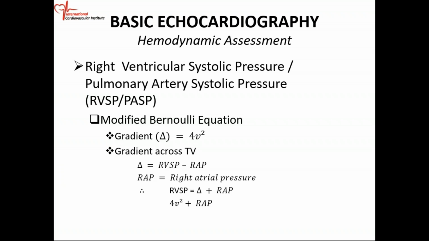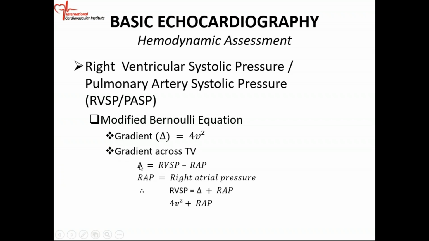And it is of tremendous importance clinically to know what the pulmonary artery systolic pressure is. That is why, for 99% of the patients coming to the echo lab, we need to give an RV systolic pressure. And in essence, what we're doing is giving a PA systolic pressure, pulmonary artery systolic pressure.